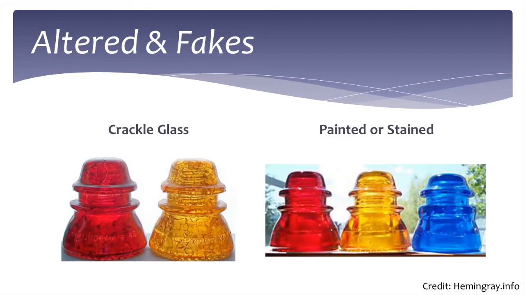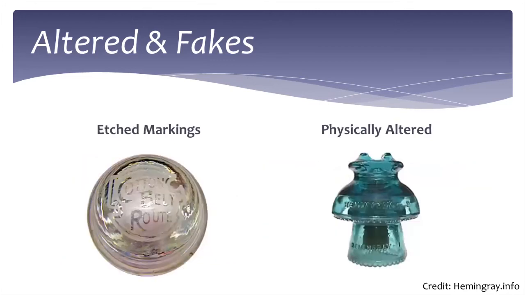Painted or stained, really true, bright, in-your-face colors we don't tend to see in actual authentic insulators. So if you see these really, really bright colors, it might not be the real thing. You can still collect it if that's what you're interested in, by all means. But if you're looking for the authentic thing, stay away from those really bright colors.